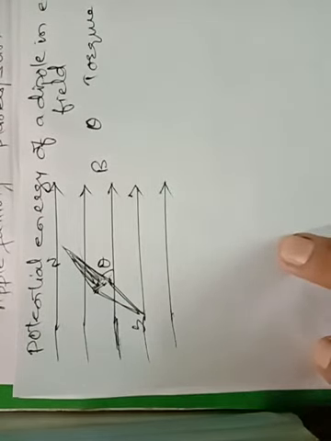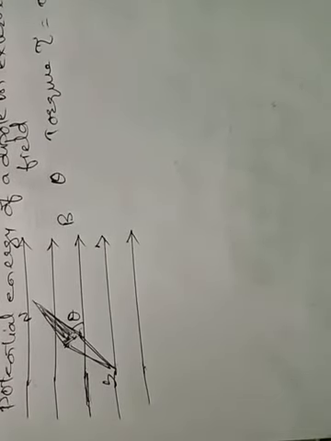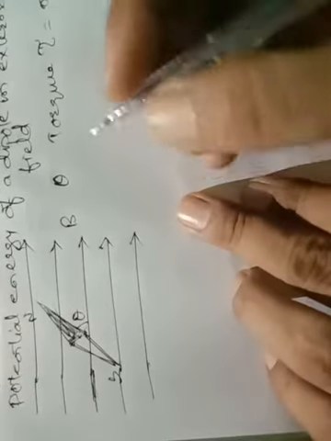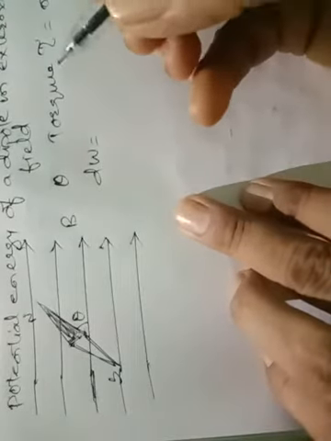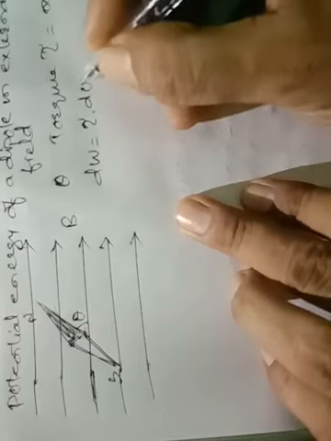We have to calculate the potential energy, so how will we calculate it? By the work done by that particular object. So we will consider that a small amount of work is done in rotating the dipole through a torque, and that angle will be taken as d theta.